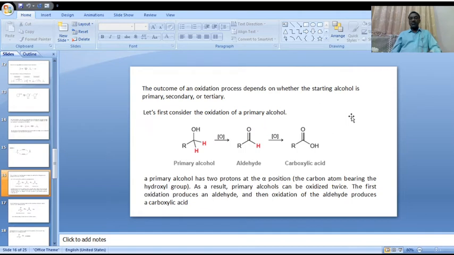Is it clear, all of you? From primary alcohol we get aldehydes, and with further oxidation we also get carboxylic acids. Okay.